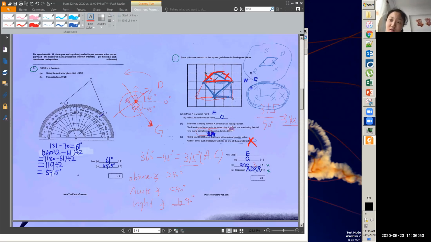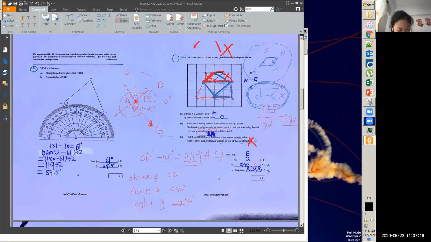They must be parallel. So RB must be the parallel line, right? As long as your this is not parallel to each other, right? So cannot. Okay. So now let's look back at our previous.